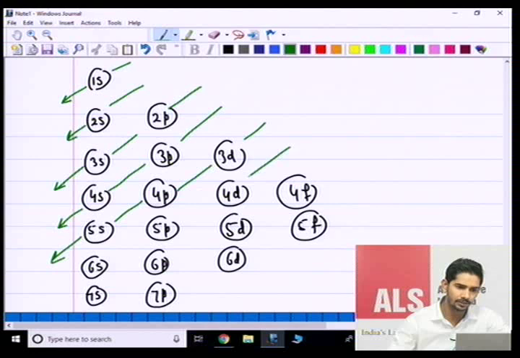You have to copy this as it is, in the same manner that I have drawn.